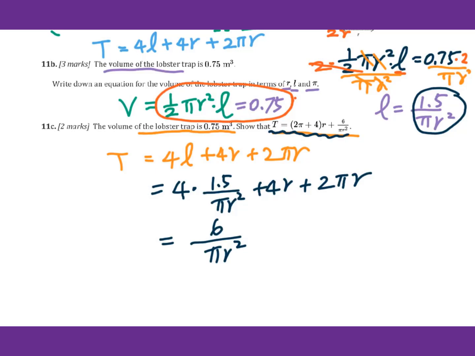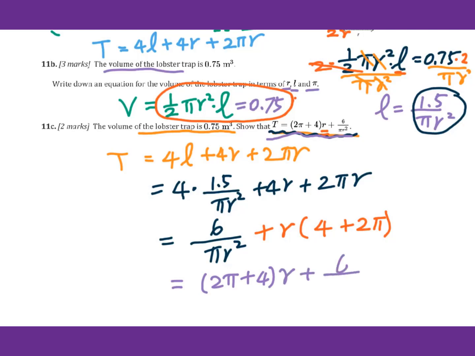According to the expression we are looking for, we need to factor this r. So we take out r from 4 plus 2 pi. Then we organize into this format. We can write down 2 pi plus 4, times r, plus 6 over pi r squared.